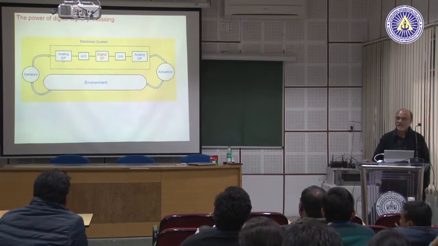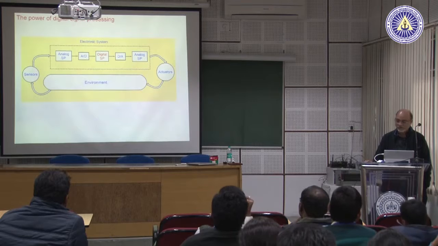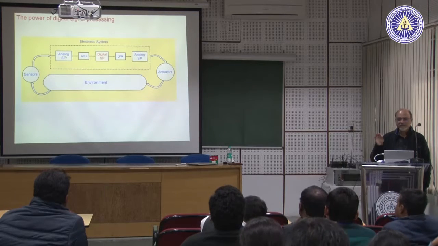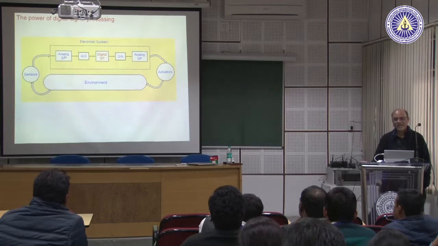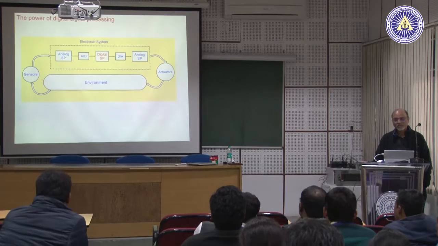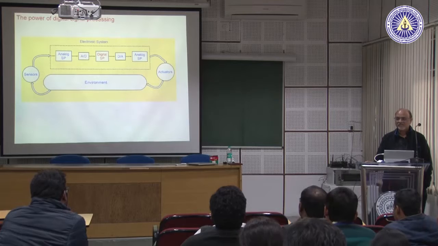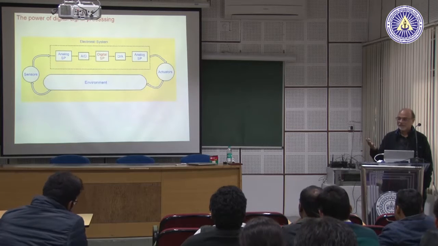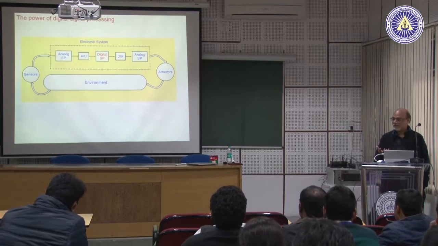They are continuous in time, continuous in amplitude, they're analog signals. You can do some processing. You can manipulate analog signals. You can amplify them. If you want, you can multiply two analog signals. If you want to take a square root of an analog signal, it becomes very hard. You can take a log. If you want to solve a differential equation, it becomes very hard in the analog domain, right?